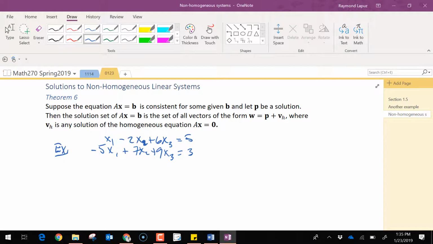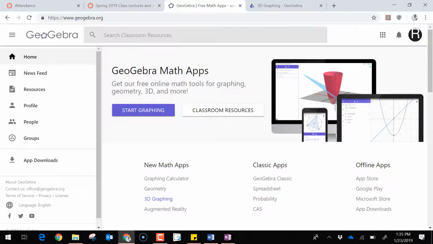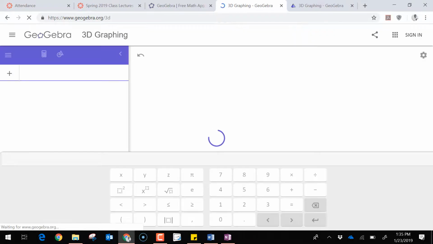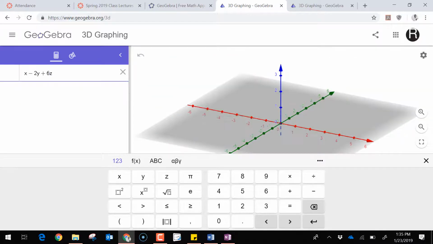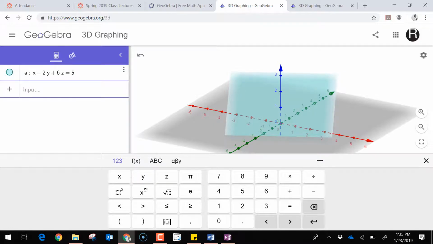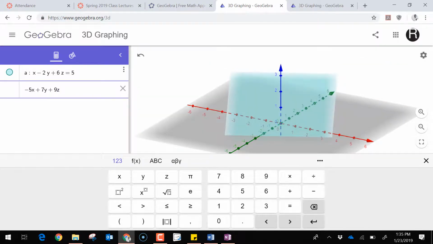Now let's take a look at this graphically, since we do have a graphing device here, let's set up another one. x minus 2y plus 6z equals, what was it, 5? Negative 5x.